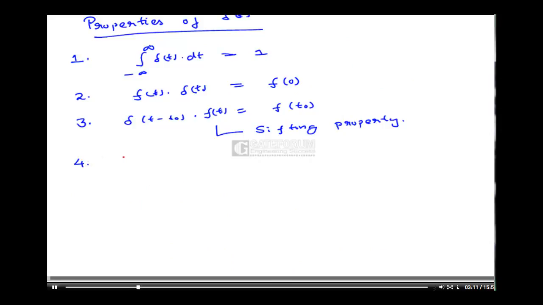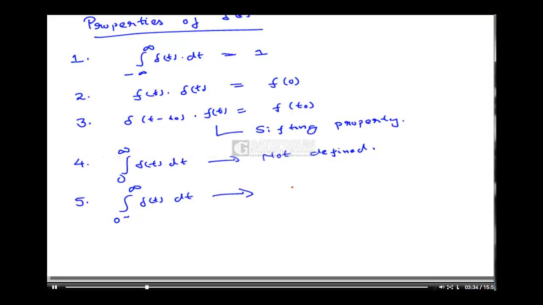Fourth one is the integral from 0 to infinity of delta t dt. It is not defined. From 0 minus to infinity of delta t dt, it is equal to 1. From minus infinity to 0 of delta t dt, it is also not defined.